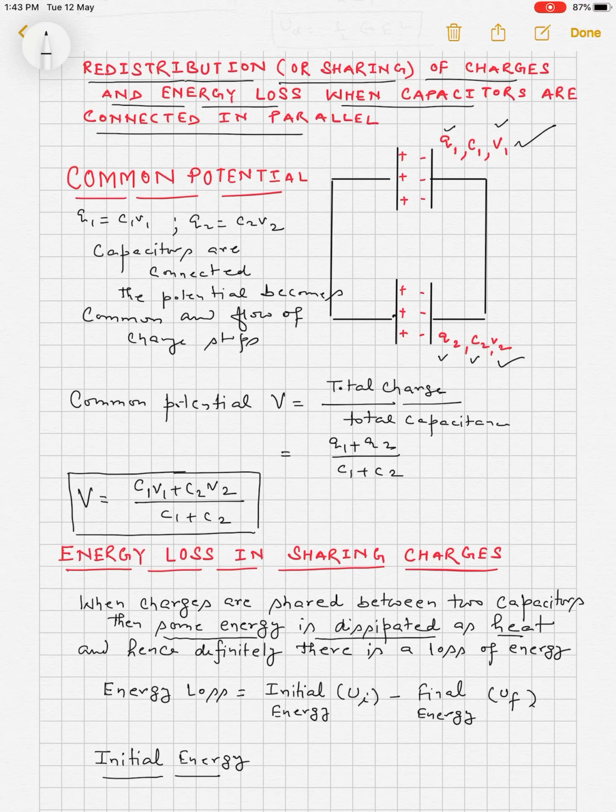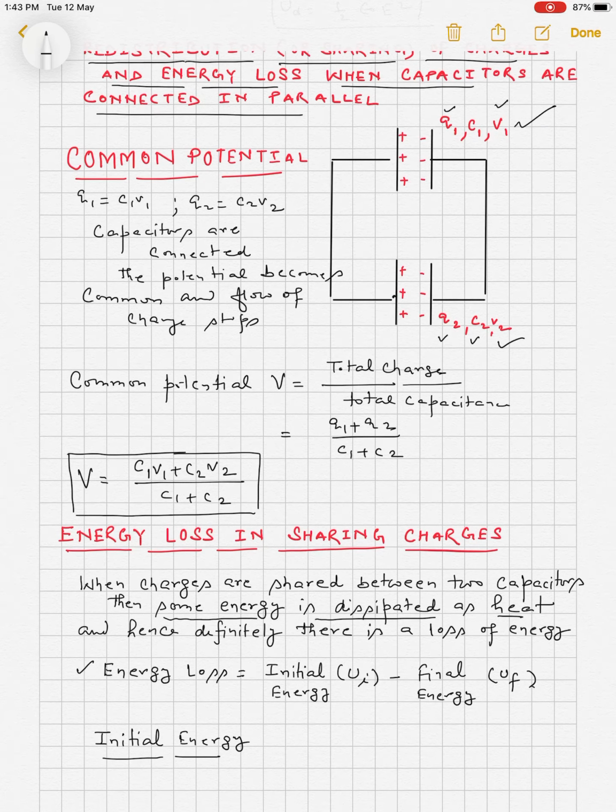So first we have to prove that there is a loss of energy and we have to find the relation also. So the energy loss is equal to initial energy minus final energy, because I have to find energy loss.